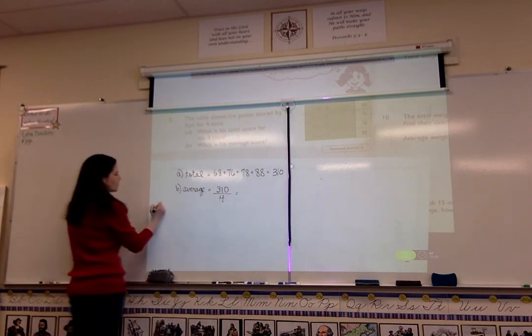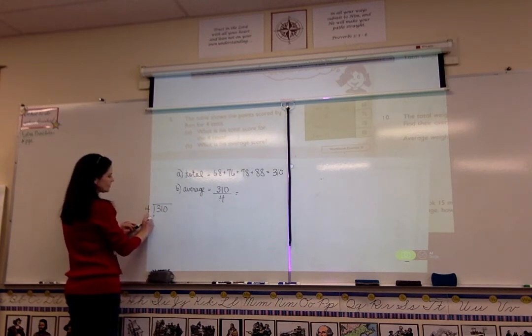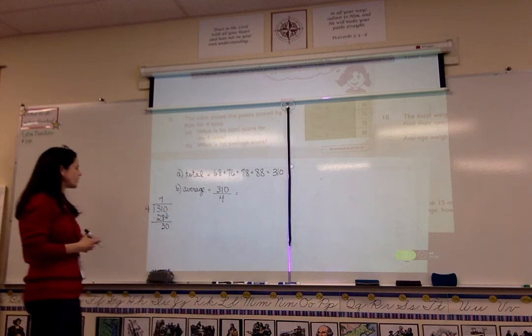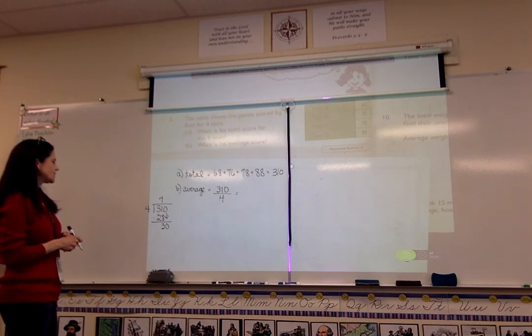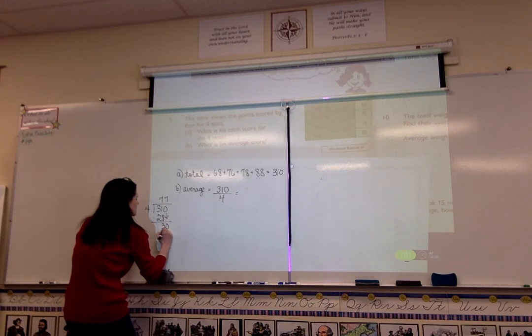So again, you're going to need to come off to the side, do your algorithm for long division. 4 goes into 31 tens 7 times, gives you 28 tens with a remainder of 3. Drop down the 0, you now have 31s. 4 goes into 31 7 times, gives you 28 ones with a remainder of 2.